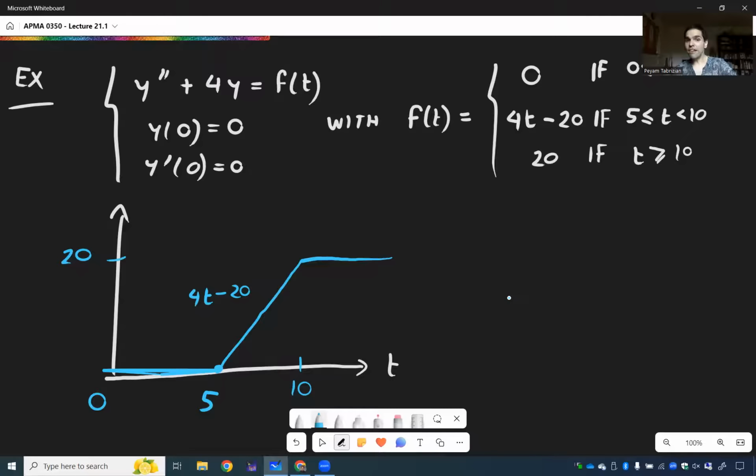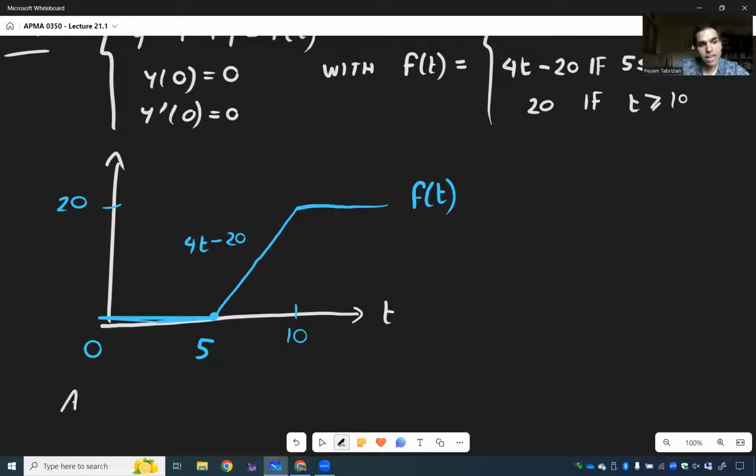And this has a very cool application. So think here of f as what's called a dimmer switch. Or in French, it's called gradateur de lumière. So think of f of t as a dimmer switch.